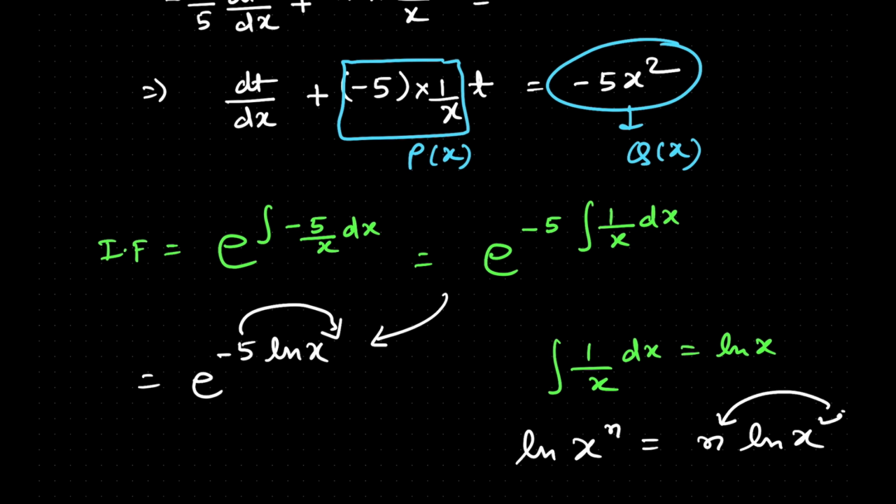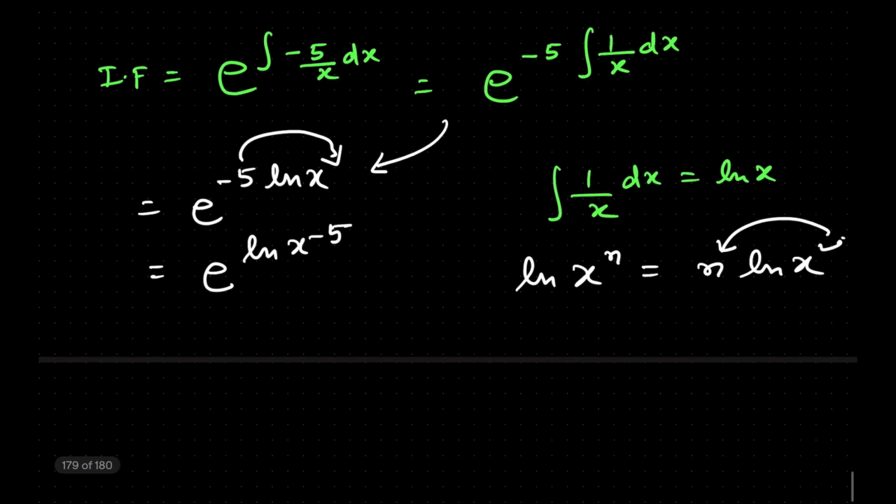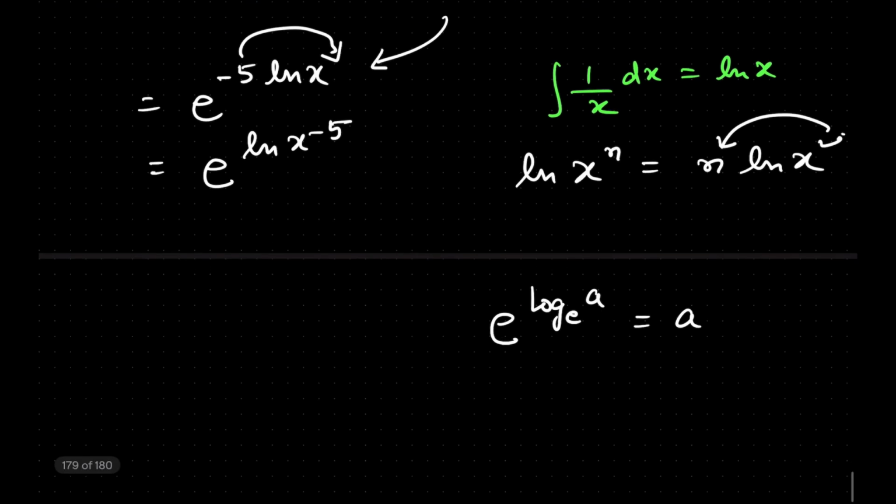So when this -5 goes inside, it will give you e to the power of ln x to the power of -5. And we know, as a property of log, that e to the power of log e a is equal to a. Don't get confused with this; log e is nothing but ln a only.